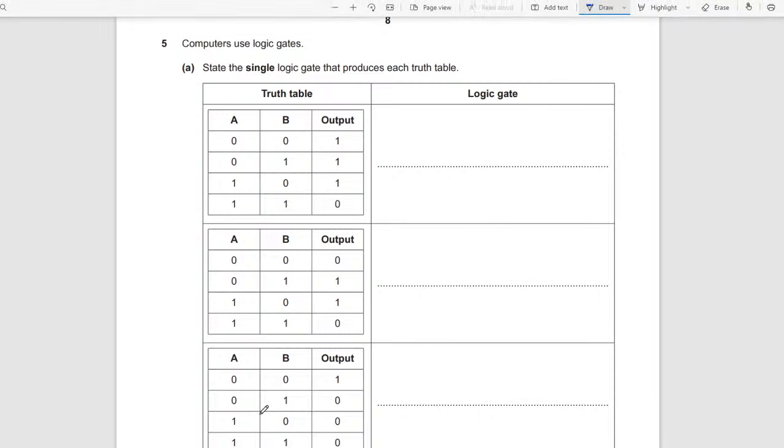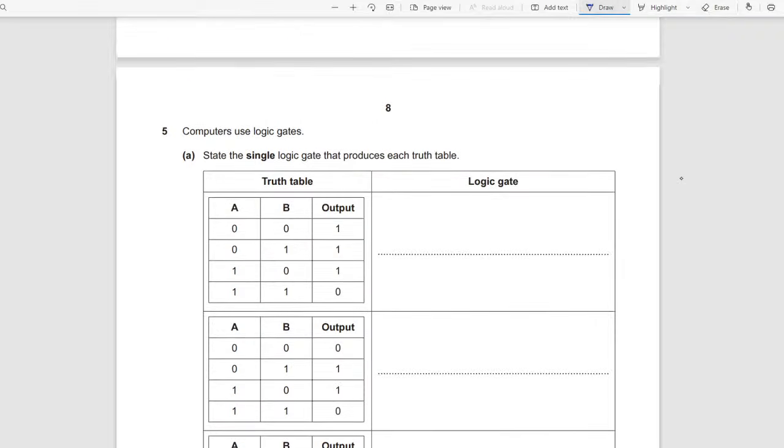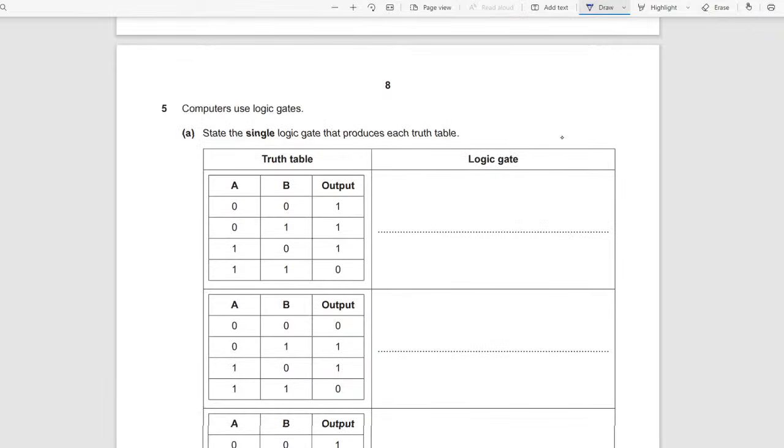So here you're given a truth table and you're supposed to guess the logic gate. In this type of question, I would personally do trial and error. You just test each gate. So first of all, let's start with the AND gate.